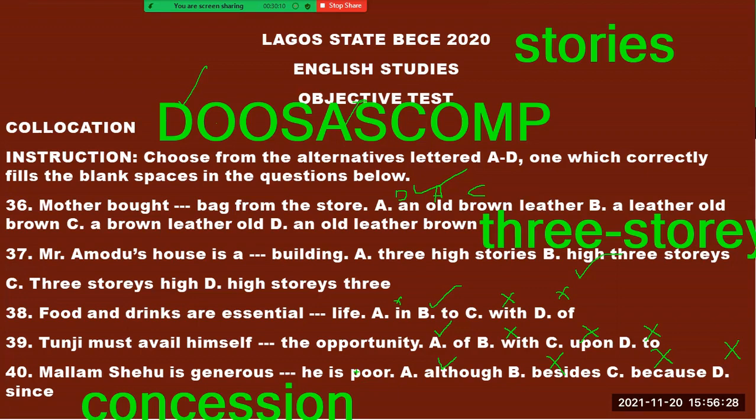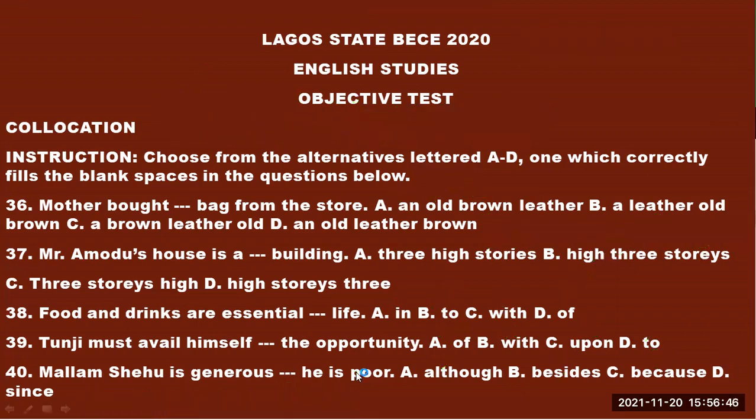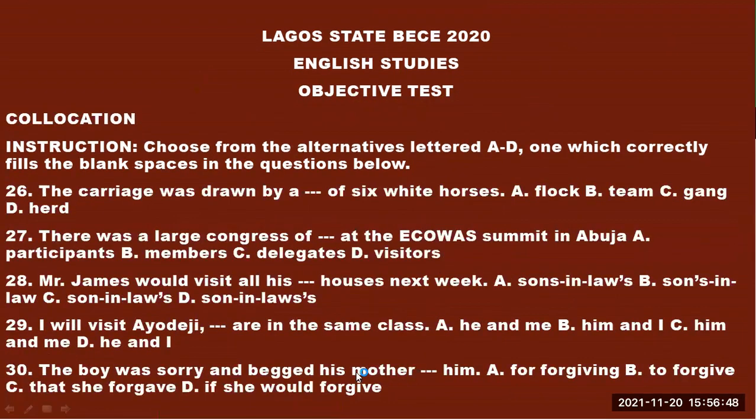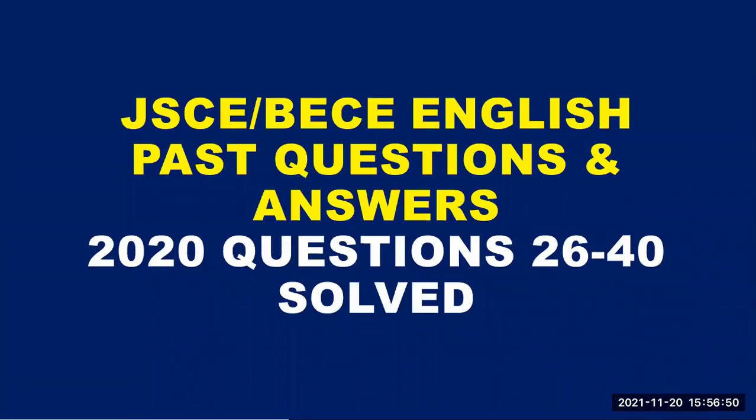I hope you learned all the lessons, all the grammatical principles and techniques that are required for answering questions in the English objective section of any English exam. Our focus today has been on the Junior WAEC exam, but these principles are applicable to every other English exam.